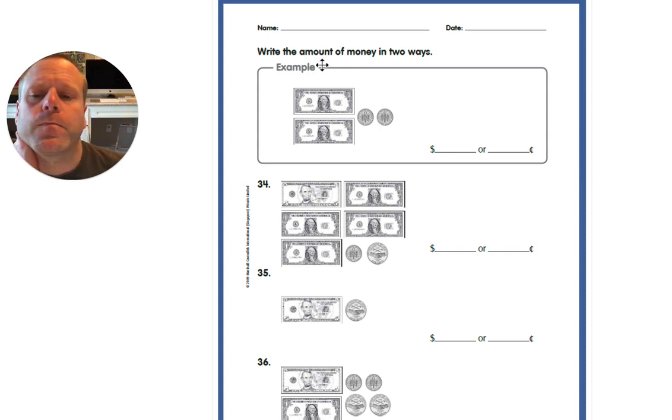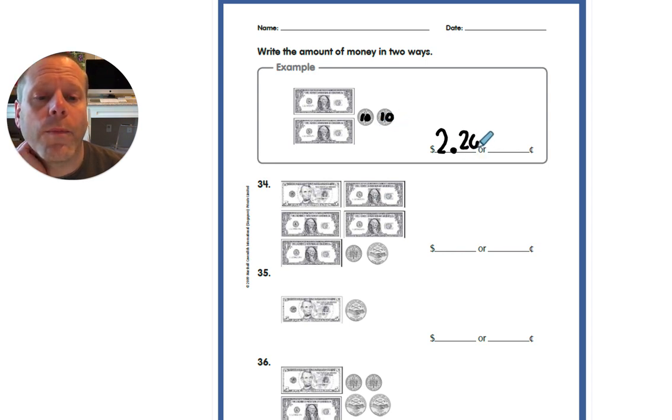Okay? So let's talk about the dollars first. How many dollars? $2 and a big decimal point so I can see it. How many cents? Well, here's 10 and another 10. 10, 20.